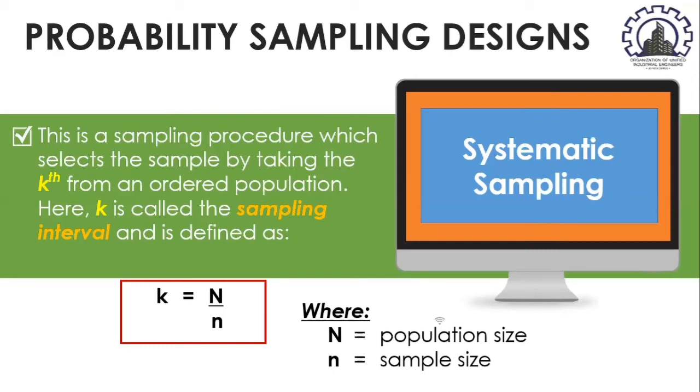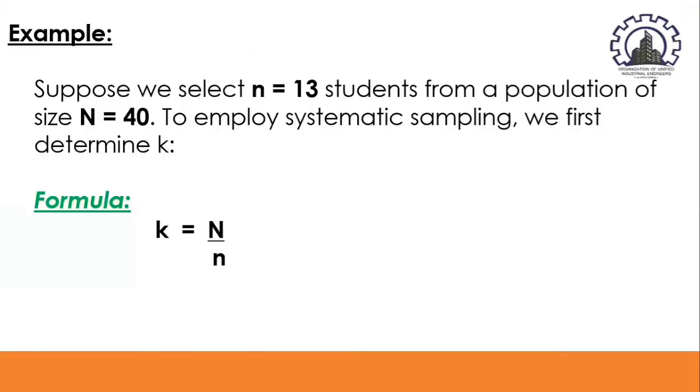In order for us to better understand this, let us have an example. Suppose we select 13 students from a population of 40. To employ systematic sampling, the first thing that we need to do is to determine our k, which is our sampling interval. Remember that the formula of your sampling interval is the quotient of your population and your sample size.